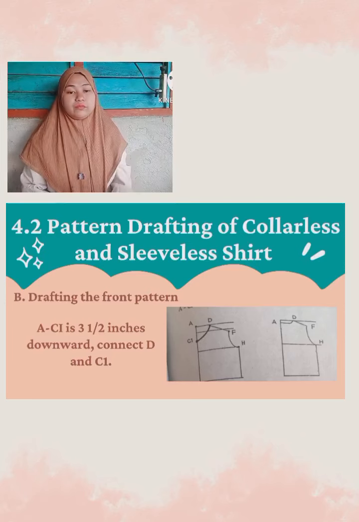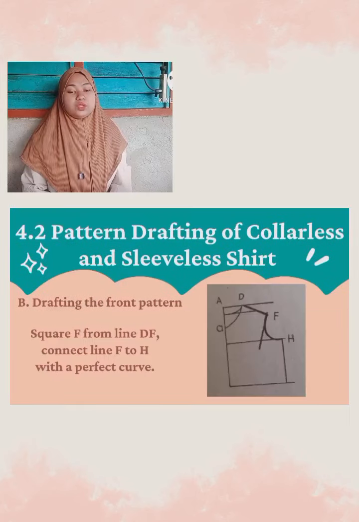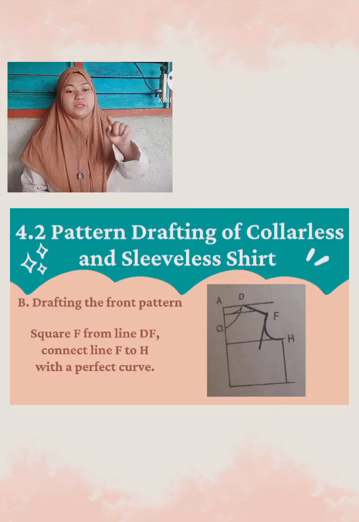Okay, so A to C1 is 3 and 1/2 inches downward. Connect D and C1. After that we know that, then we just highlight it and trace it. Okay, and then next is to square F from line DF.